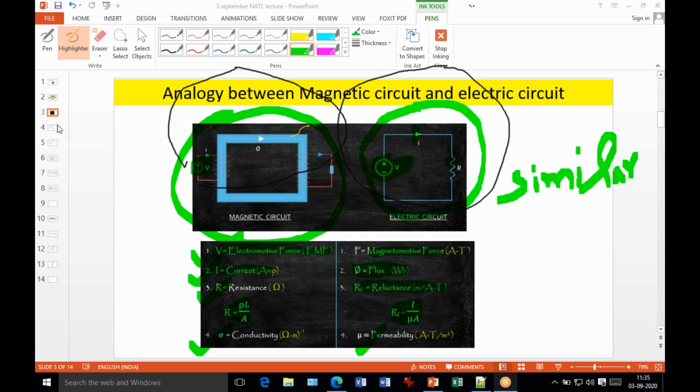So that means we require a magnetic circuit. This is the circuit that is capable of converting the voltage to higher or lower based on your requirement. So the transformer is actually an example of a magnetic circuit.